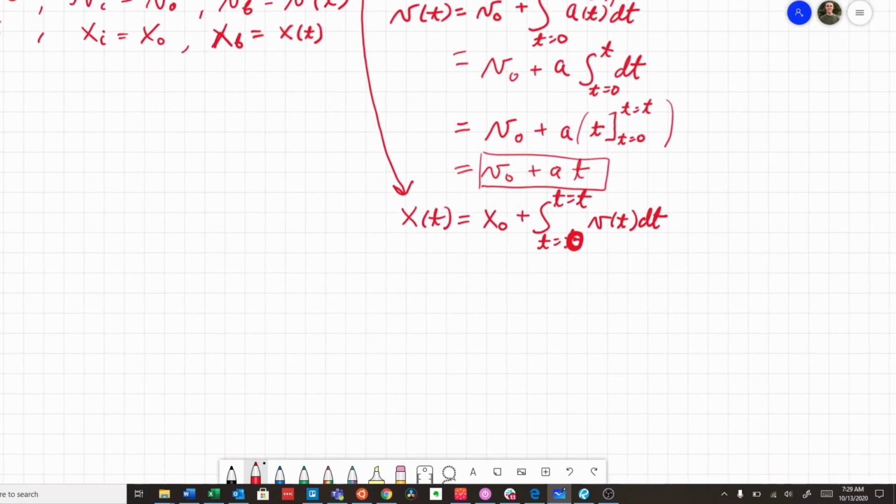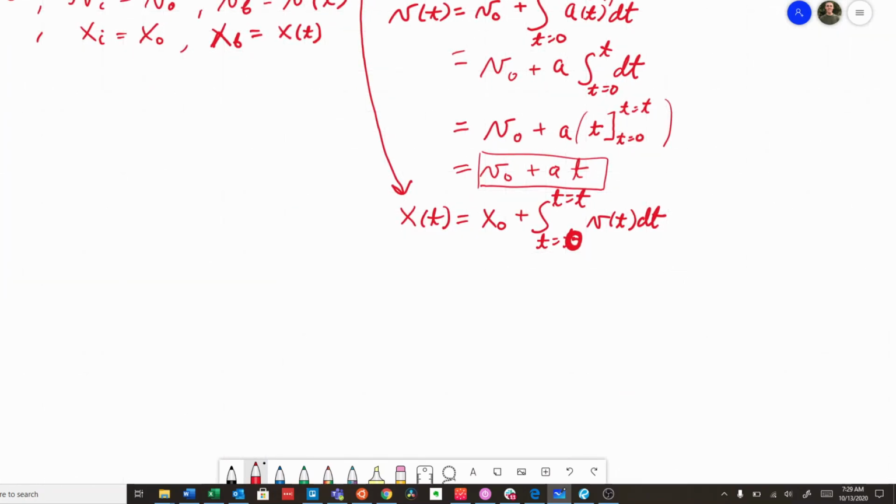Now, what's really helpful is that I already have a function v of t that I can plug in here. So I have x of t equals x0 plus the integral from t equals 0 to t equals t of, I'm going to stick my function in now that has its time dependence explicitly laid out in my special case where a is constant in time.